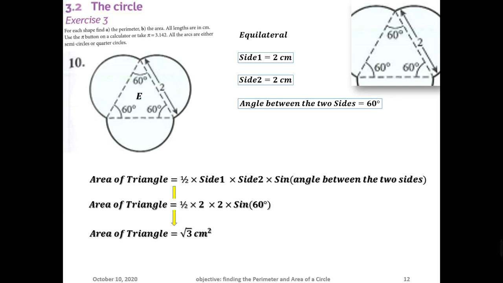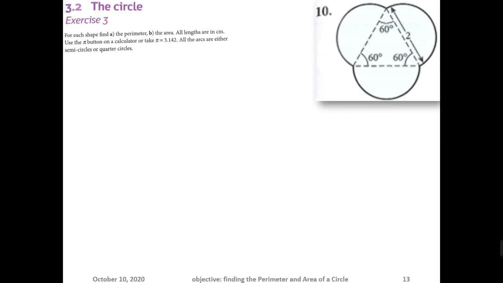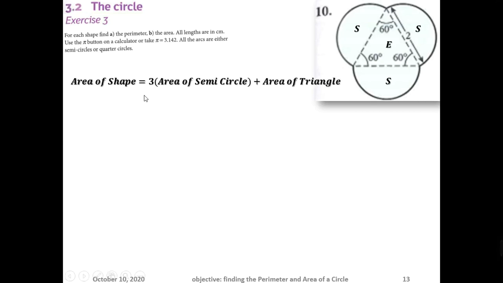So we have only one equilateral triangle. If we analyze this shape, we have 3 typical semicircles and one equilateral triangle, and the 4 shapes are brought together to make the final shape. So the area of this shape is 3 pieces of the semicircle, so 3 times the area of one semicircle, plus 1 piece of the equilateral triangle, so plus the area of one triangle.